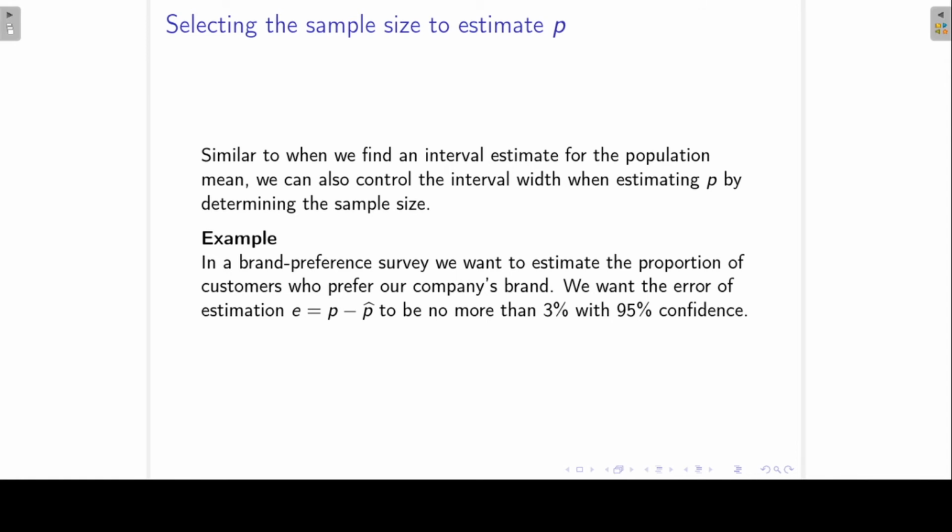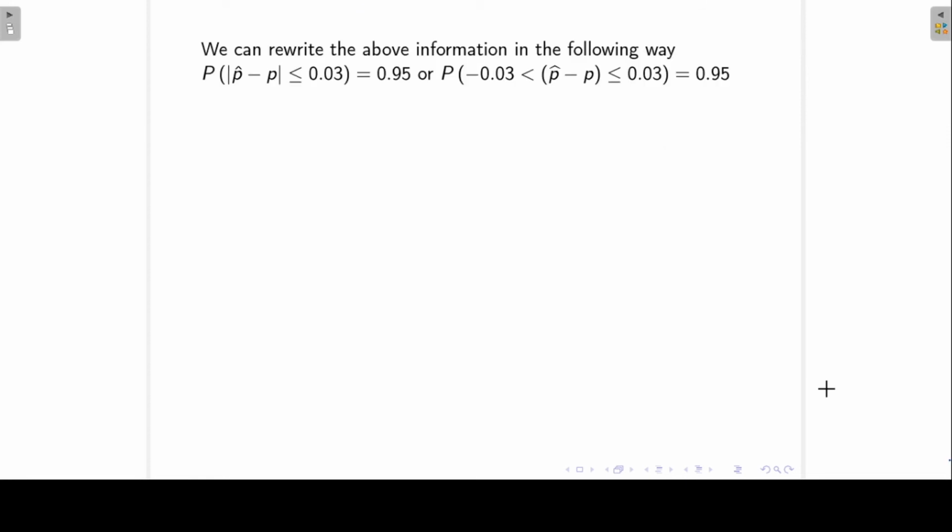In a brand preference survey, we want to estimate the proportion of customers who prefer our company's brand. And we want the error of estimation, so that is the difference between the population proportion and the sample proportion, to be no more than 3% with 95% confidence. So we can rewrite the above information in the following way.